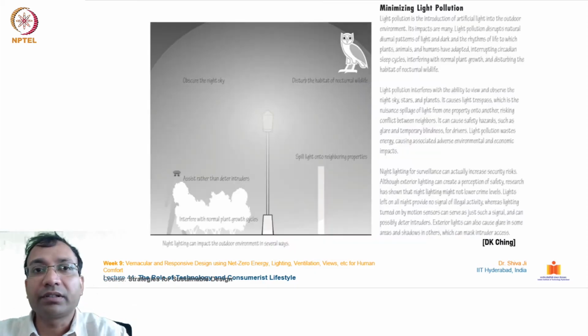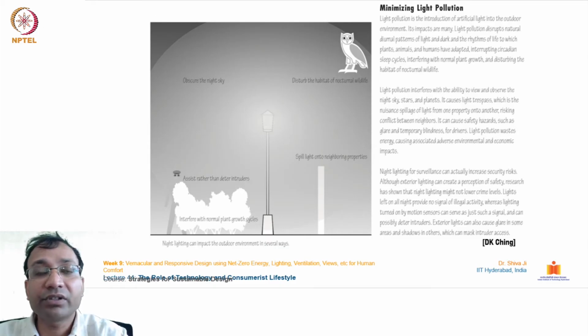Now we will discuss some other forms of pollution and some human comforts. So lighting is one of the less talked about pollutions. And when excess lighting goes beyond requirement, it turns into a polluting element.